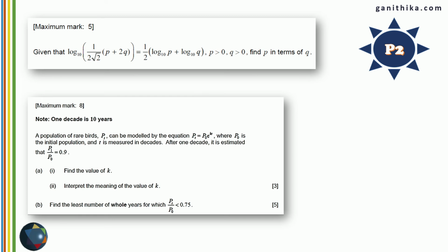The second question is the one for which you will be using the calculator, and the first question you may not be using the calculator. So even though this is in paper 2, you will not be able to use a calculator for the first question, but you have to use the calculator for the second question. So what you can do here is pause the video, try to solve all these problems in your notebook, and then continue with the video for the solution as well as the marking scheme.